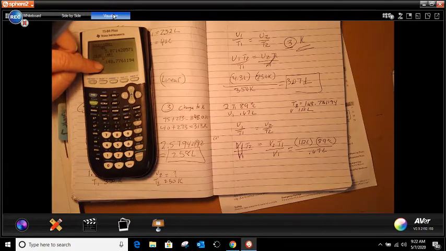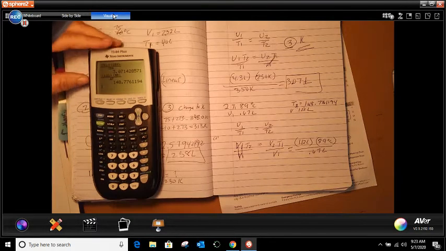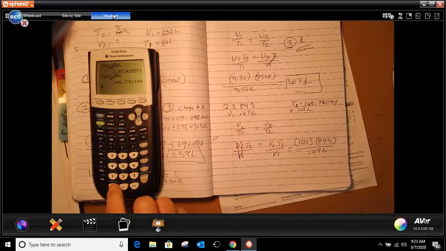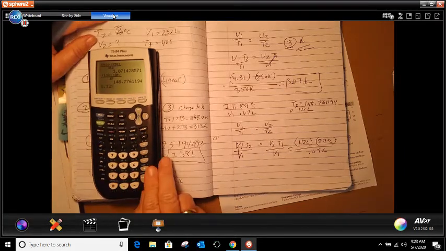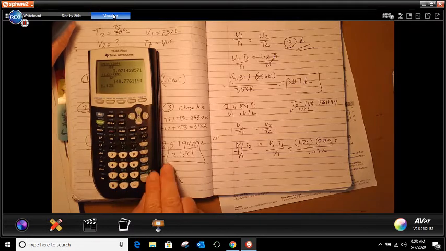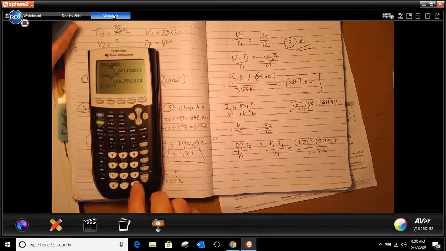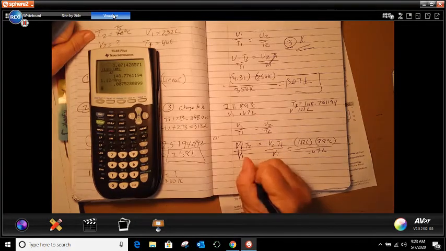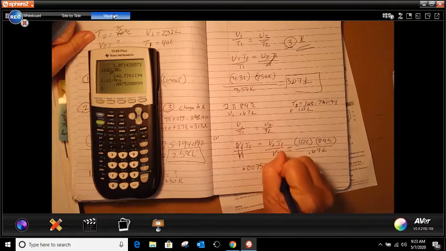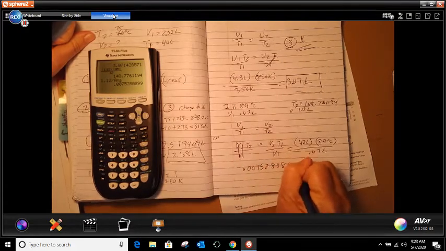Now I'm going to do my check answer. Well, T2's on the bottom, so I'm going to start with this first, 1.12. I'm going to do it linear. 1.12, and I'm going to divide that by my second answer, which is that one right there. And that's going to give me a check answer of 0.007528089.